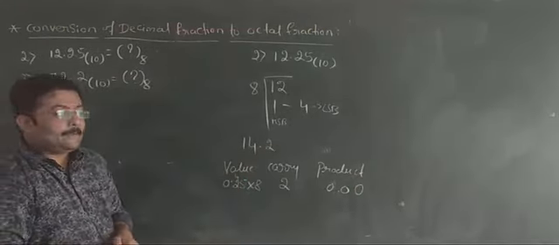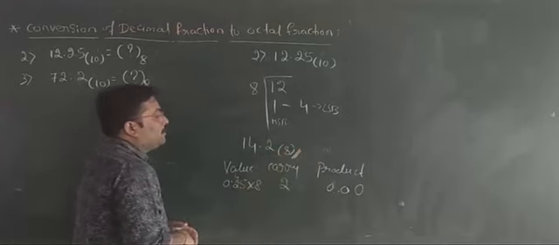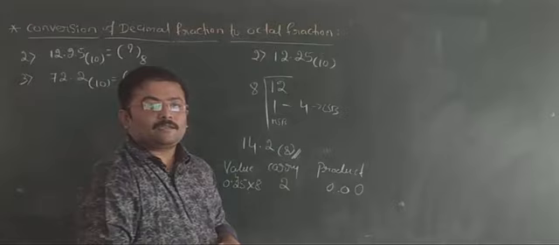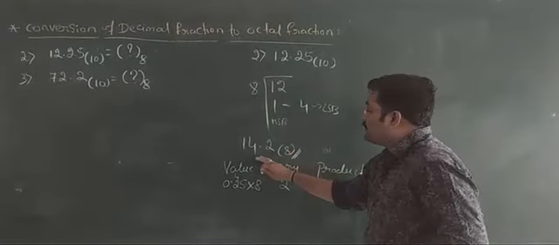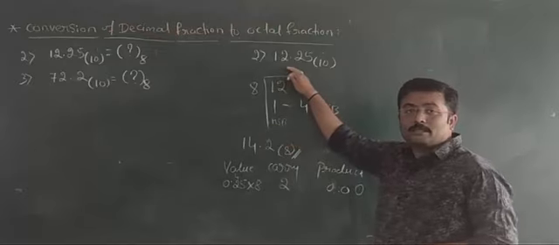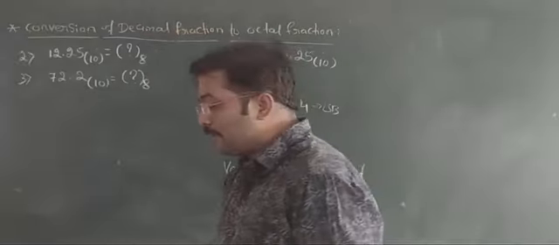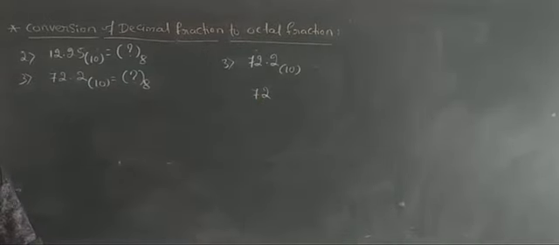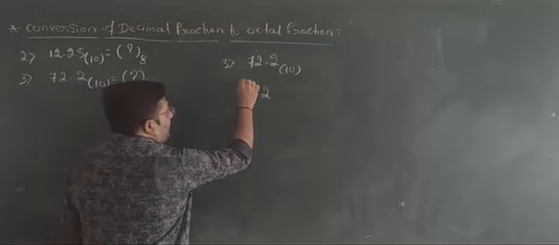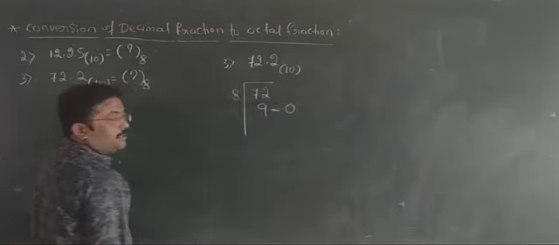So this is my octal number. Cross verify the answer yourself and check whether it is equivalent to this decimal number or not. Fine, let us move on to the next example. The integral part is divided by 8. 8 nines are 72, remainder is 0.